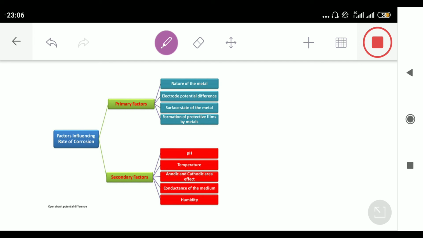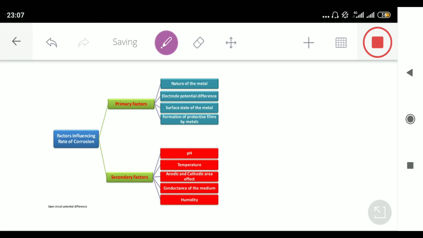The effect of pH is totally different on different metals, but we'll be talking about just iron because iron is something which we use more in our daily life, and we see the rusting of iron very often. So in case of iron, the rate of corrosion or rate of rusting of iron increases when we increase the acid content.